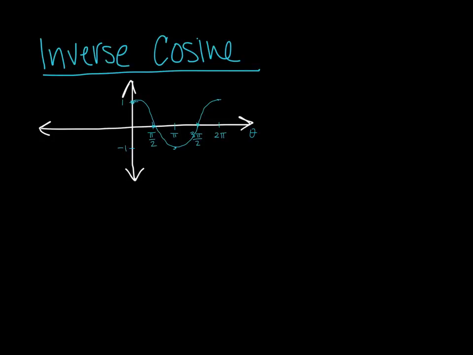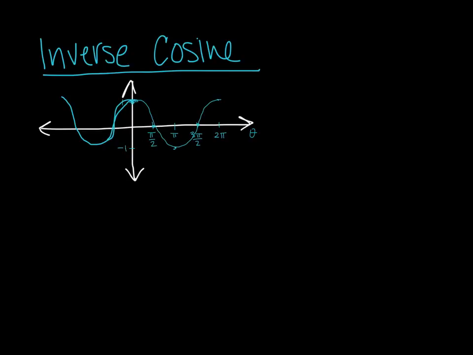Now, it might be tempting to try to restrict the domain to the same domain we restricted to when we did the inverse sine function. What's the problem with that? Well, the cosine function is not one-to-one from minus pi over 2 to pi over 2. And so we can't restrict it to the same piece.